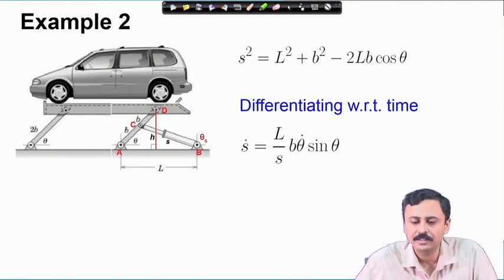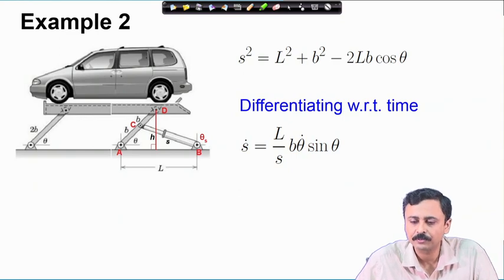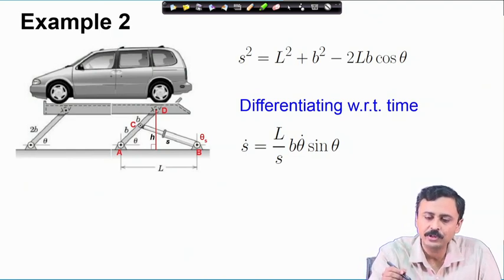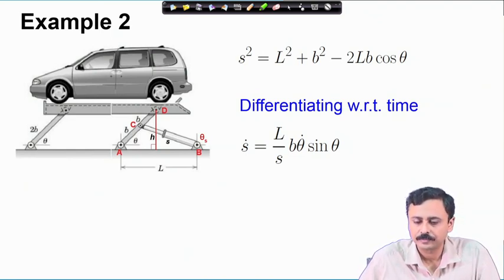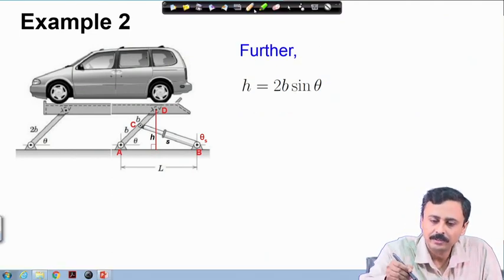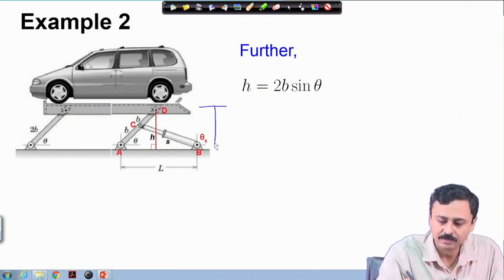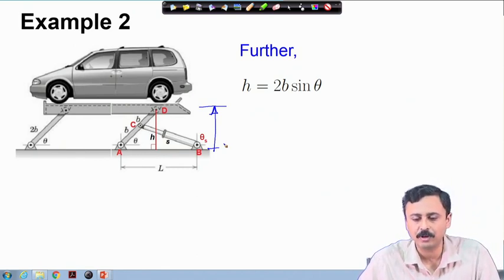If you differentiate this with respect to time and simplify, we involve s dot and theta dot. L and B are constants, therefore, this involves s dot and theta dot, and it also involves s, which we already know. Now, here we have another displacement which actually gives us the motion of the platform, which is h.